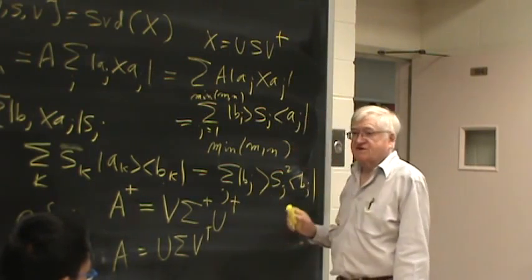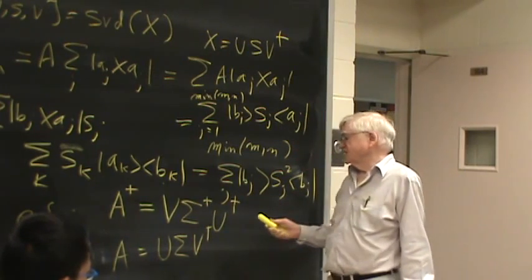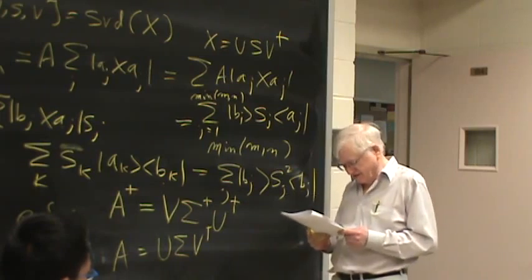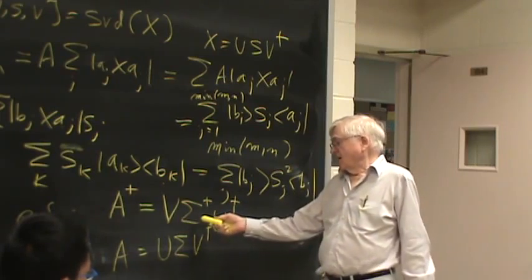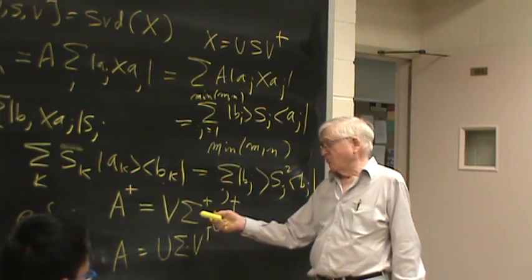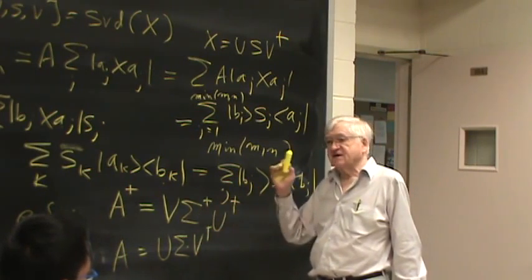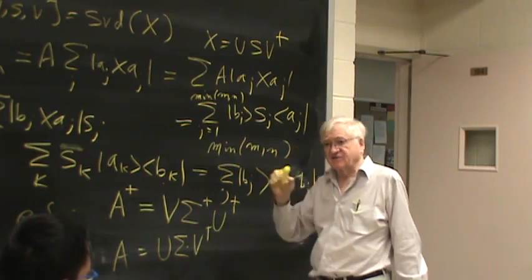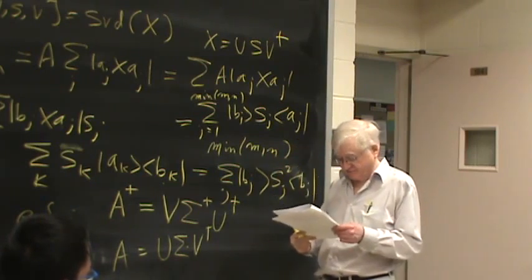Now I have to tell you what sigma plus is. Sigma plus is, first of all, the transpose, or the adjoint, of sigma, but for the non-zero values, you take the inverse of the non-zero singular values.